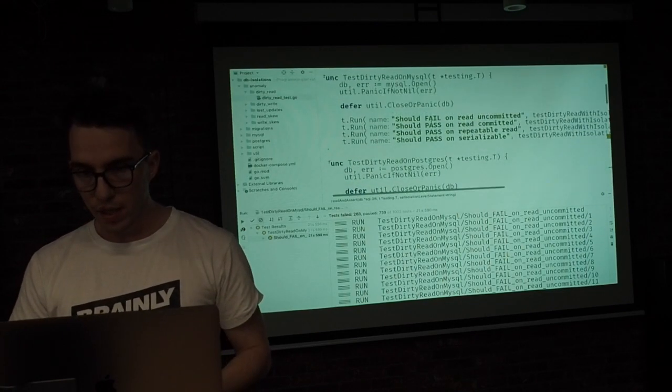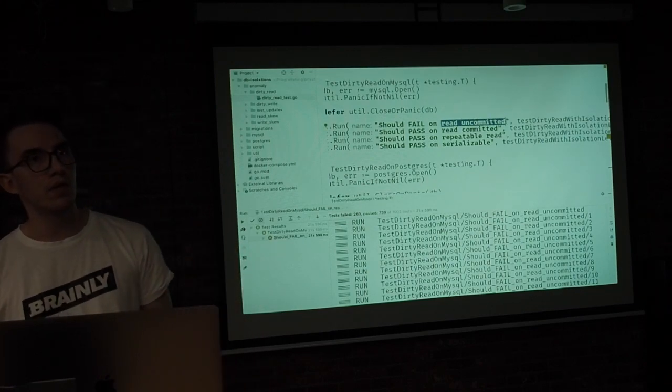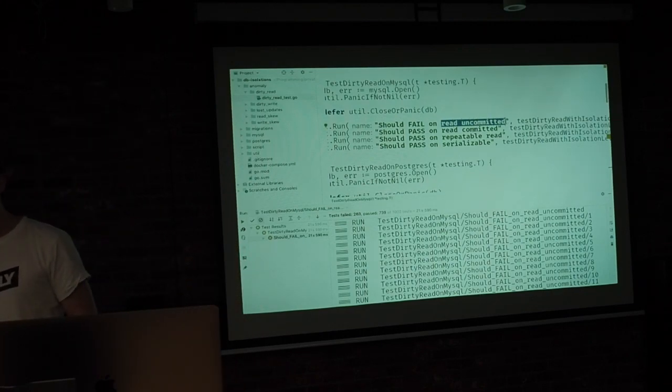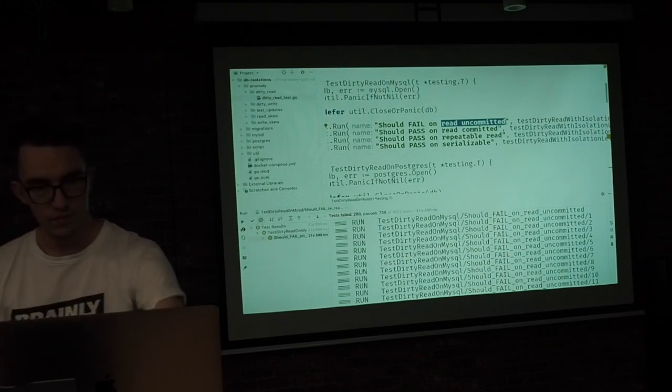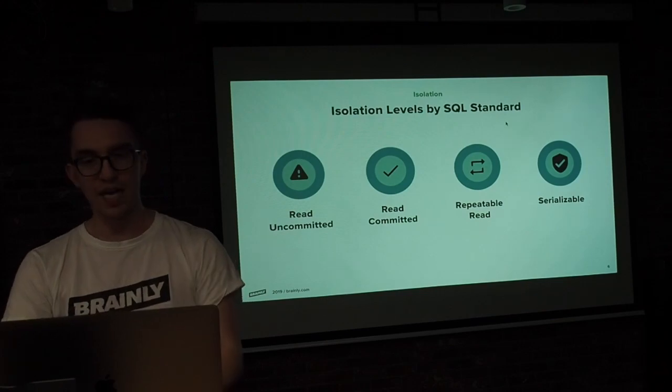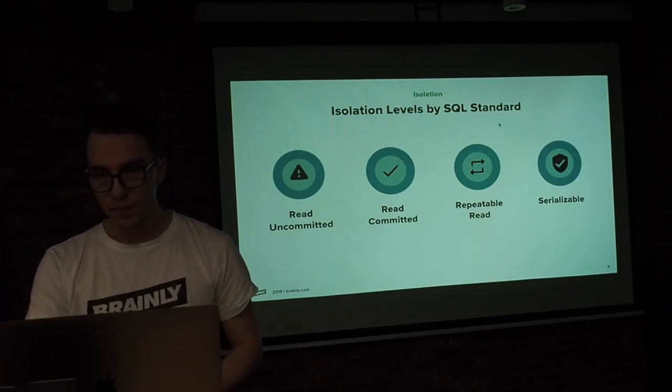Why? Because this is dirty read, which is prevented by read committed isolation level. This is how we can prevent that anomaly.